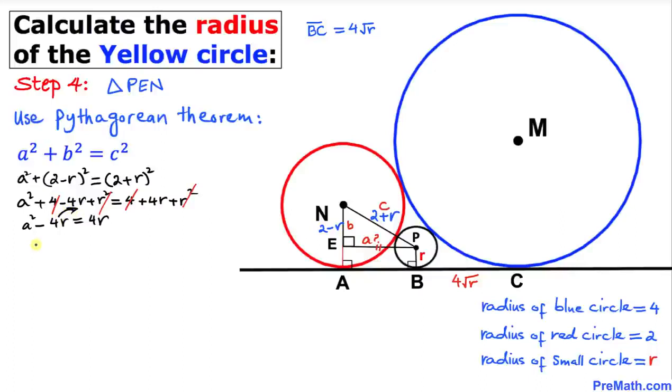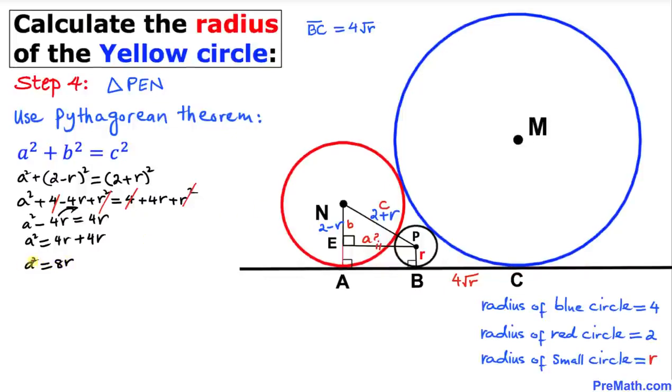Let's move this negative 4r to the other side. A square is going to become 4r plus 4r. So that means a square equal to 8r. So now let's go ahead and take the square root on both sides to undo this square.